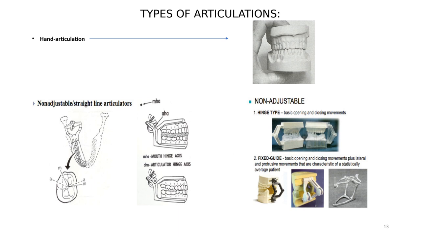Non-adjustable straight line articulators. Those are the hinge articulators that just go up and down. So they're not, like I said, very accurate, but they can be used for simple cases. You can see here in the picture, we have different types. We have the disposable ones, the plastic ones, and also the metal ones, which we can use plaster to help the articulation.